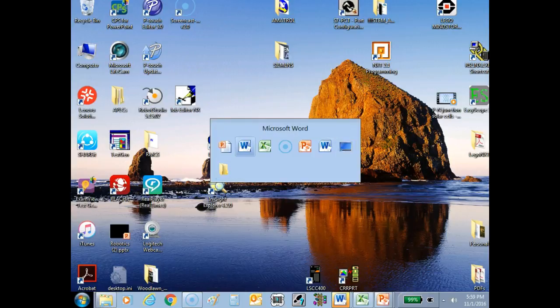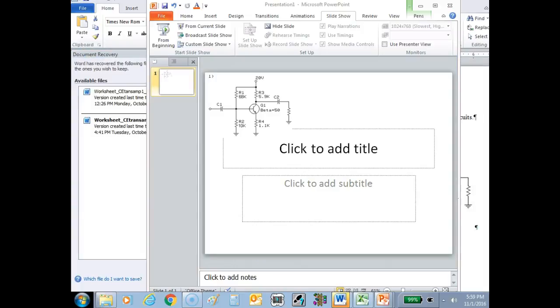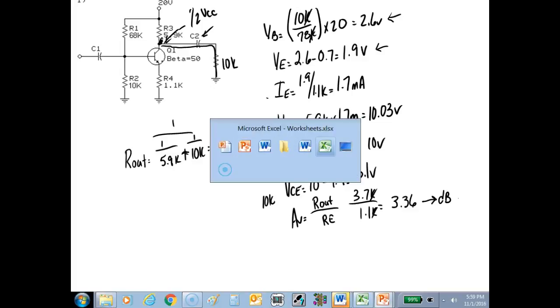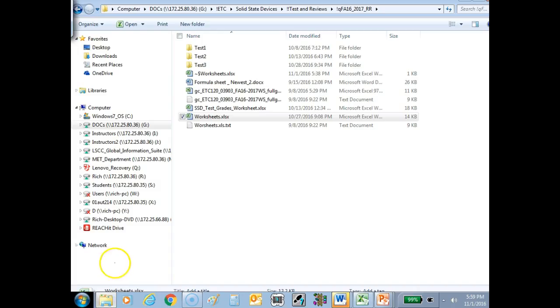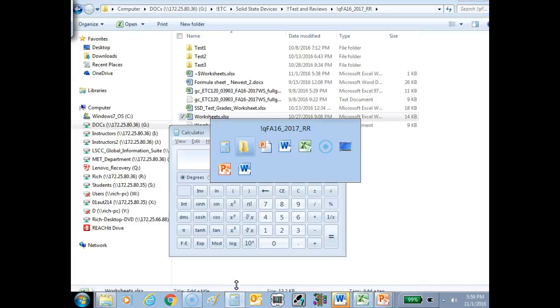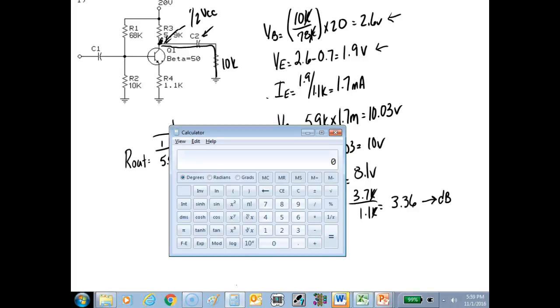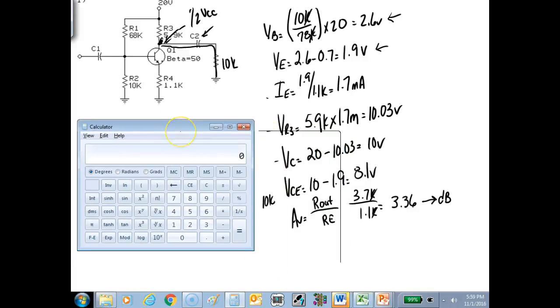Okay, but I'm asking something else right now. So what would be the dB? I'm trying to bring up my calculator. Okay, so how would I calculate the dB gain right here?